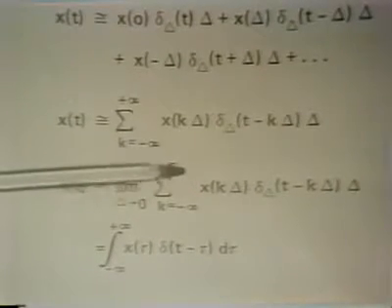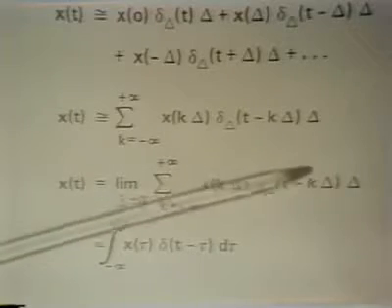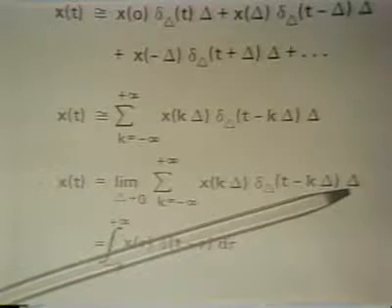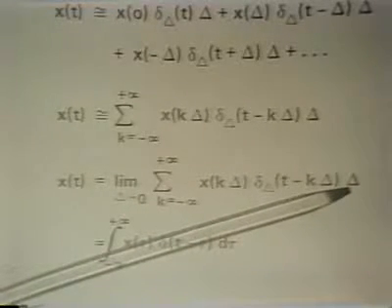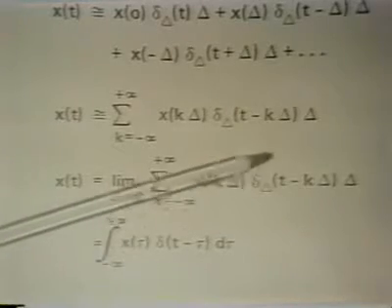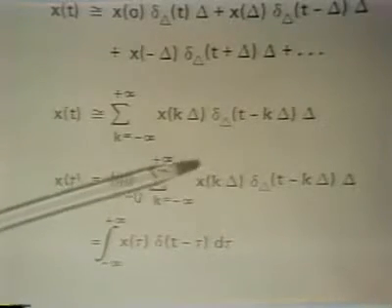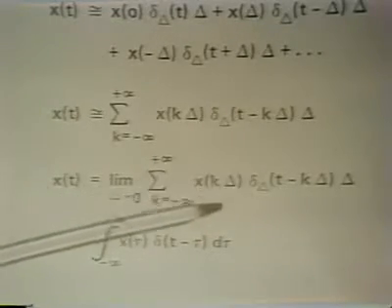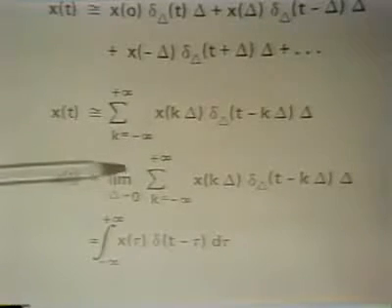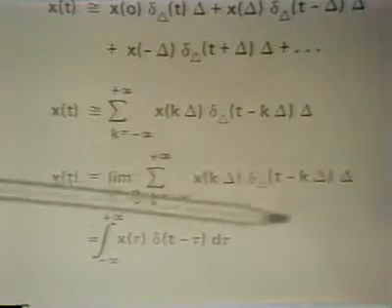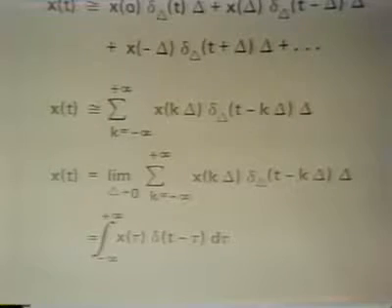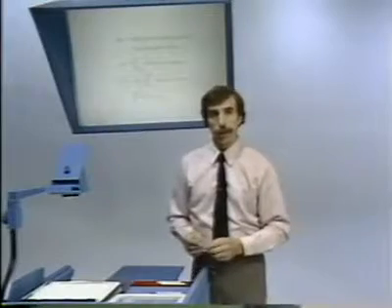As delta goes to 0, notice that this term becomes arbitrarily narrow. This goes to our impulse function, and this, of course, goes to x of tau. And in fact, in the limit, a sum of this form is exactly the way an integral is defined.